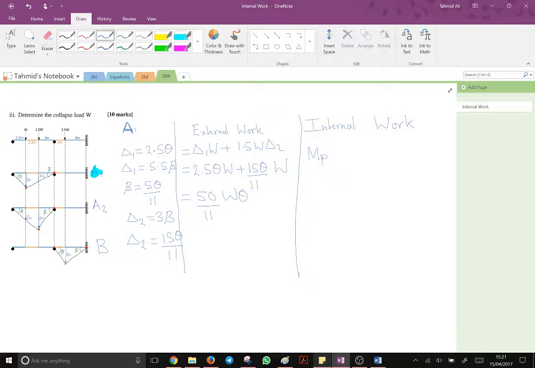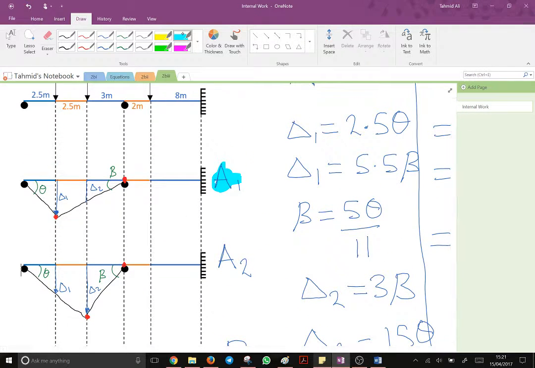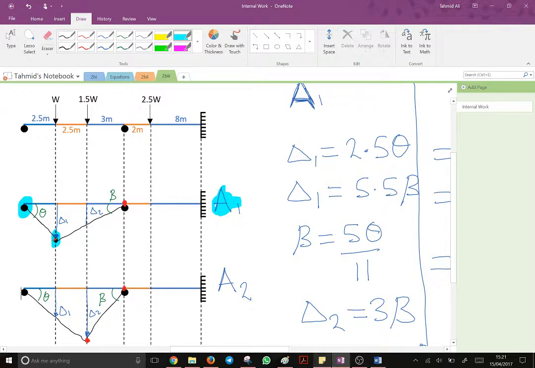So as you can see, let's look at this section. This part has not formed a hinge, so a hinge hasn't been created, therefore there's no internal work being done here. However, a hinge has gone through here. Now we have to know how much has been rotated.